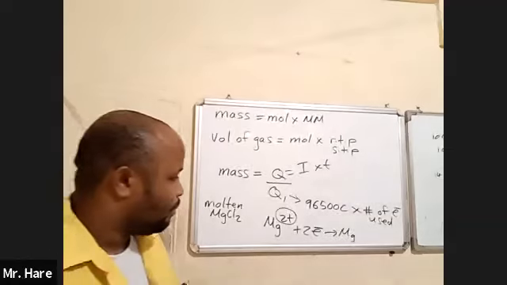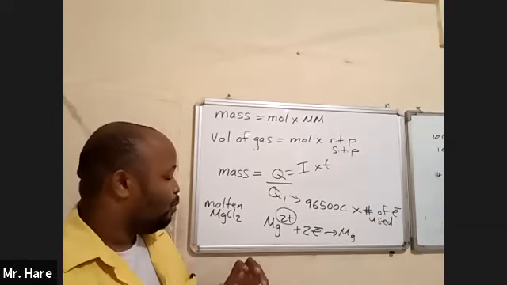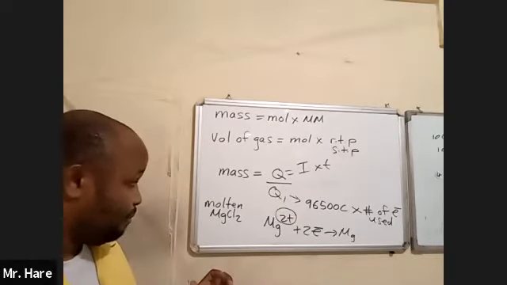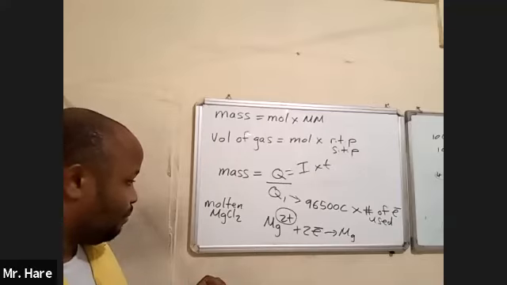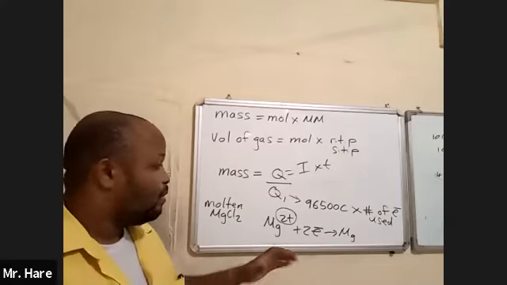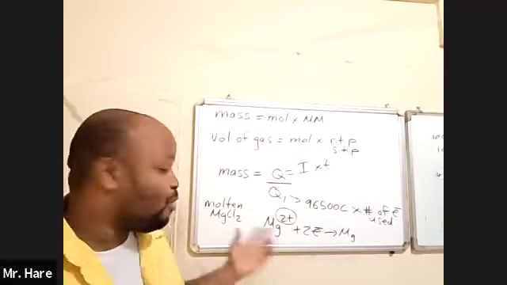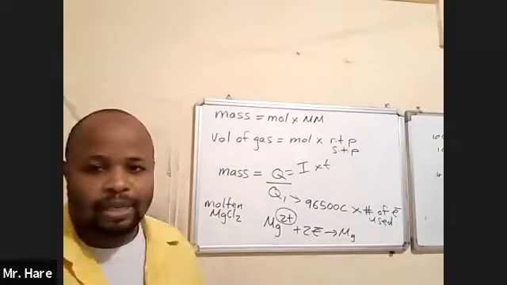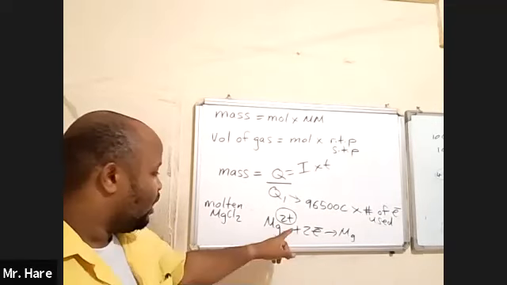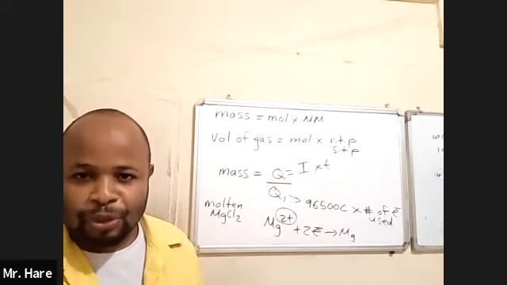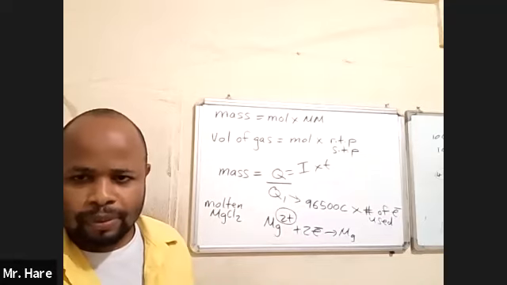Repeat, which part exactly? If we're doing the electrolysis of magnesium chloride, and we want to find the mass of magnesium, you have to look at how many electrons we would use.